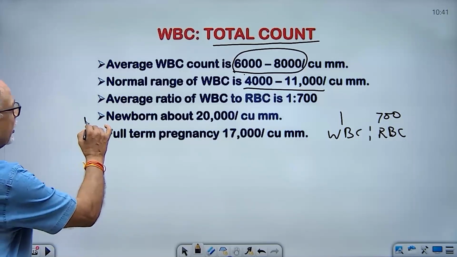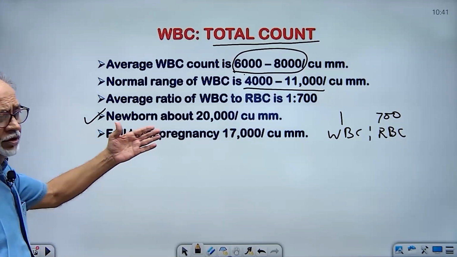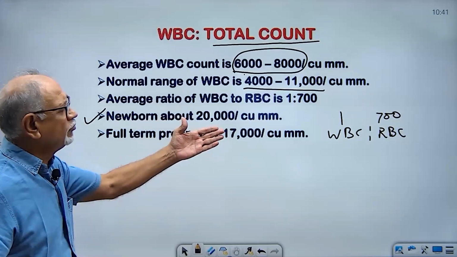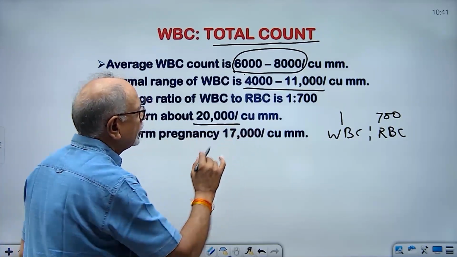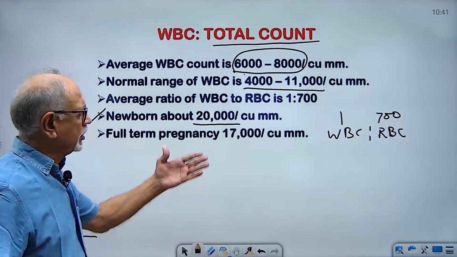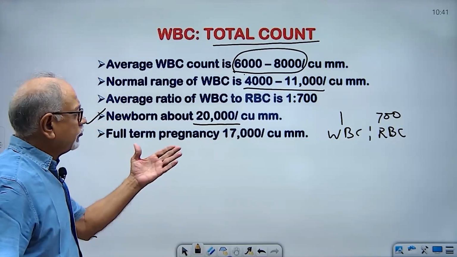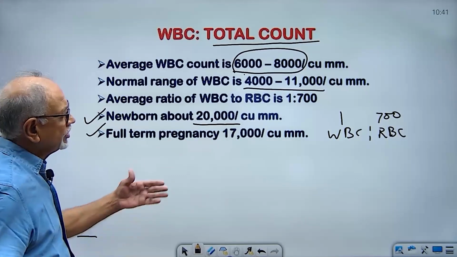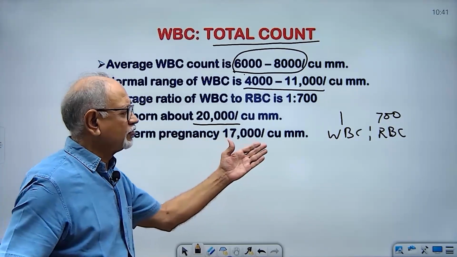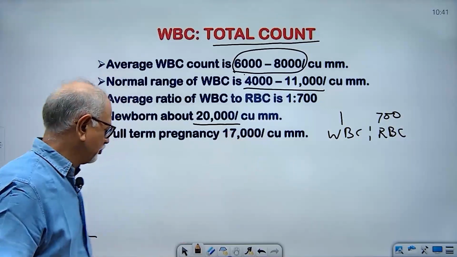Now, in the case of newborns, the total WBC count is high, about 20,000 per cubic millimeter. In full-term pregnancy also, the WBC count increases to 17,000 per cubic millimeter.